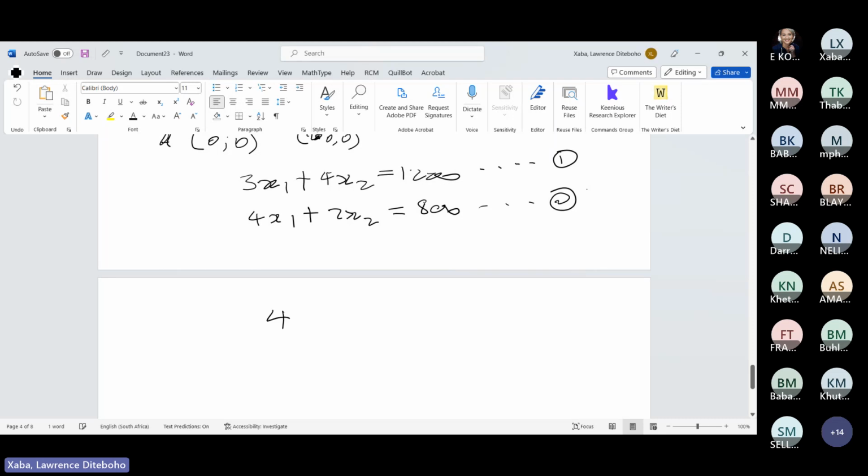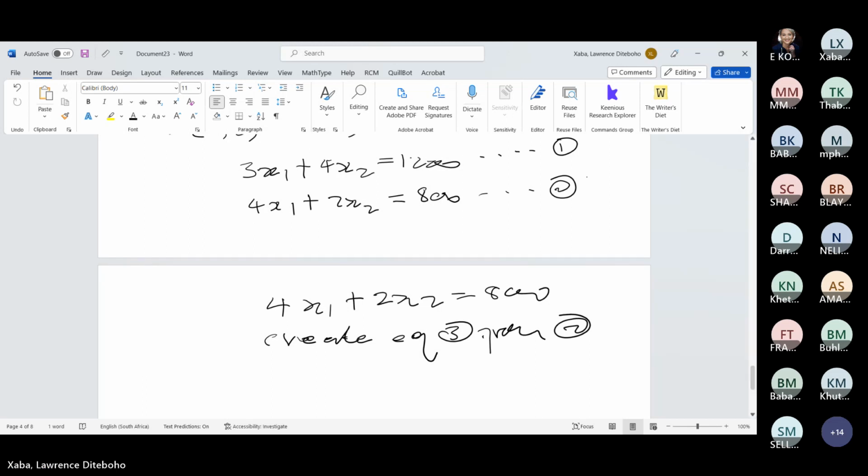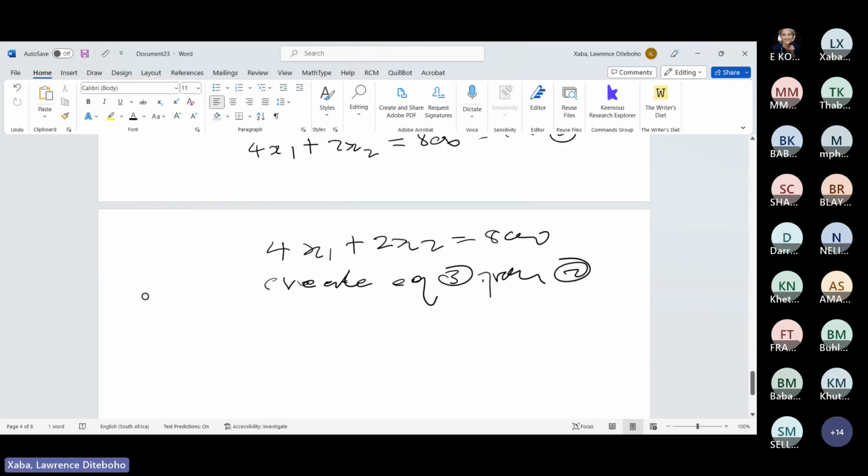The bottom equation is 4x1 plus 2x2 equals 800. We are trying to create equation 3 from equation 2. So what do we do now? We are trying to simplify. Let's say we have 2x2, then we take this to the right-hand side. When we do that, we end up having minus, because it was positive. Going to the other side, it becomes negative.